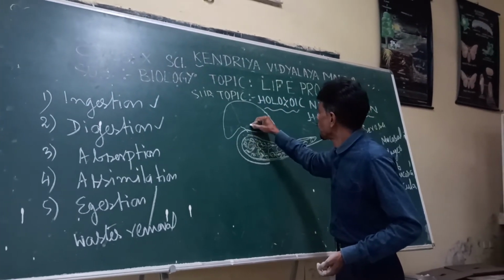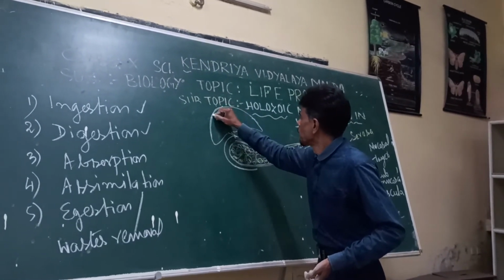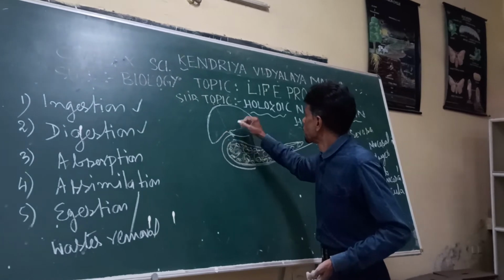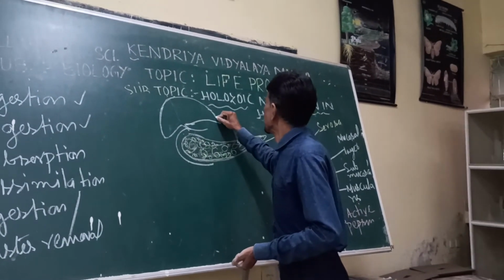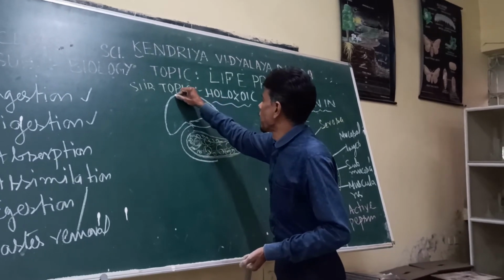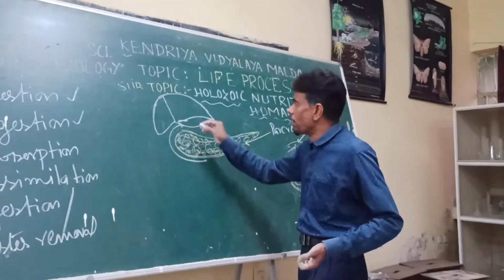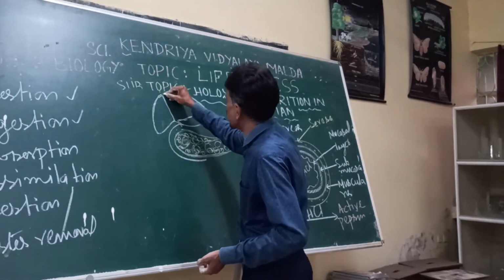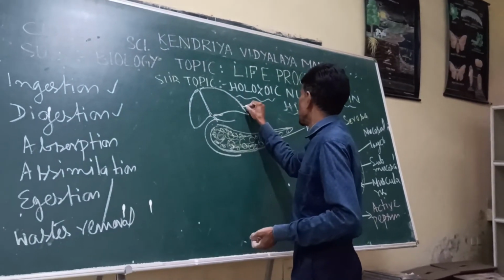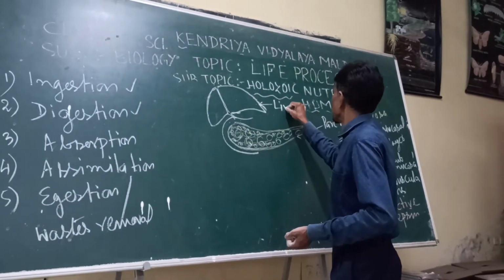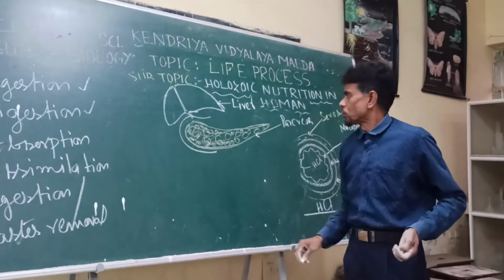Very simple way you can draw the diagram. Having two lobes, this is what you call the liver, having two lobes. Liver. And this is the pancreas.